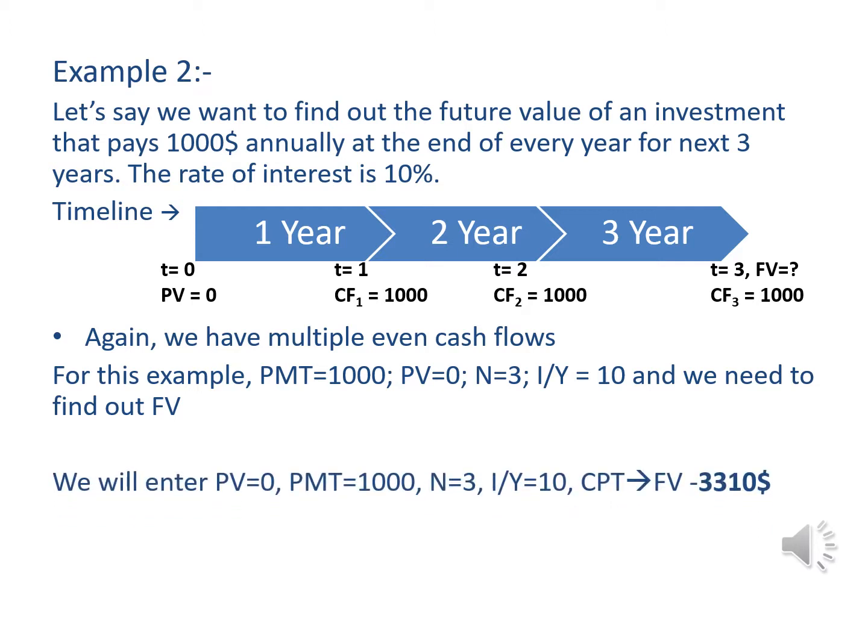So we will enter PV as 0, PMT as 1000, N as 3 and I/Y as 10. Then we will compute FV to get a value of negative $3,310. If you are having issues with this, watch this video.